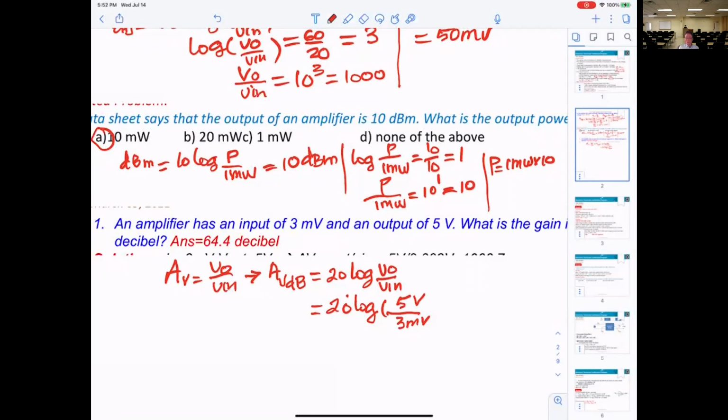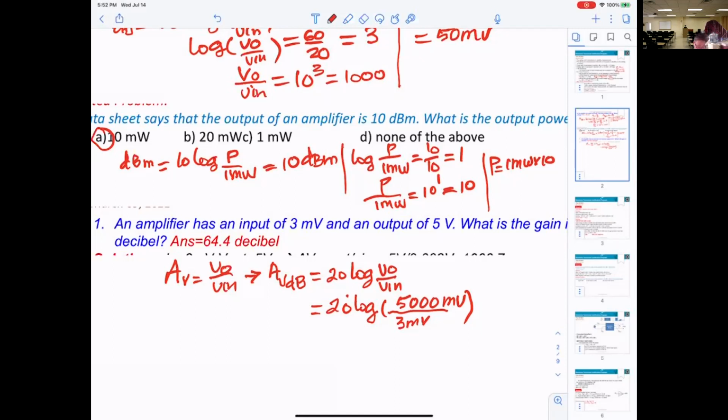So in this case, I don't want 5 volt. I want it to be in millivolt, because you have 3 millivolt. So I will change that. Okay, 5,000 millivolts, exactly, and the millivolts cancel out. You take 5,000, divide by 3, and take the log times 20.